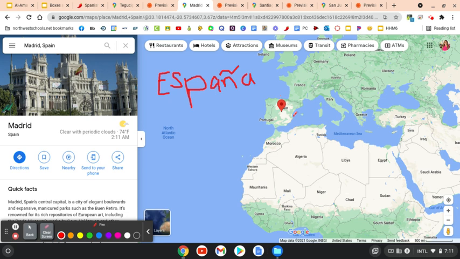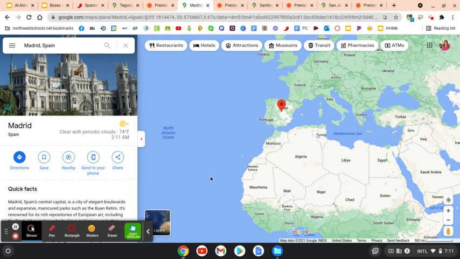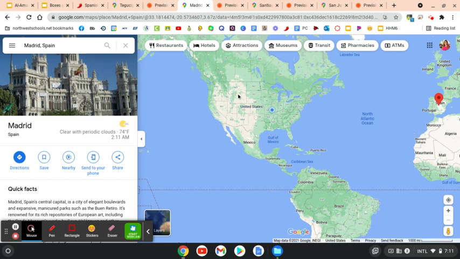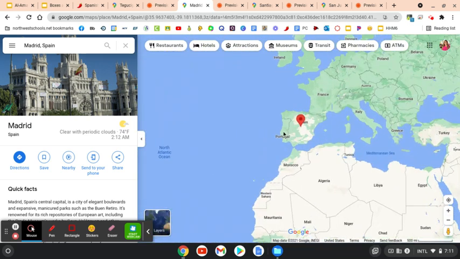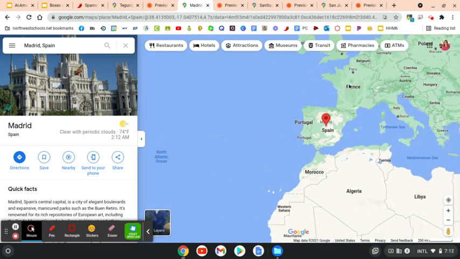España está en Europa. No está en América del Norte, no está en América Central y no está en América del Sur. España está en Europa.